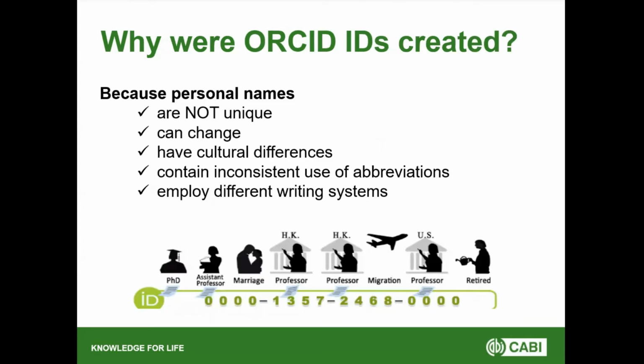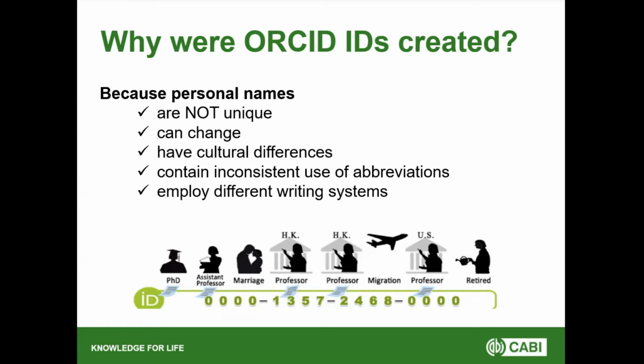So why were ORCID IDs initially created? Well, they were created to track personal names of researchers simply because personal names change and they are not unique. Think about the thousands of people in some cases across the world with the same name, common names like John Brown, Andrew Winslow, Muhammad Ali, Xu Ping.